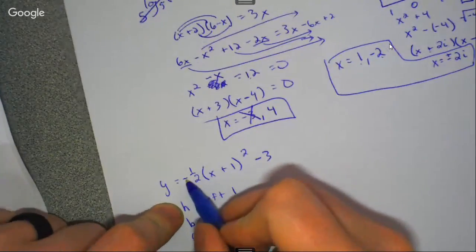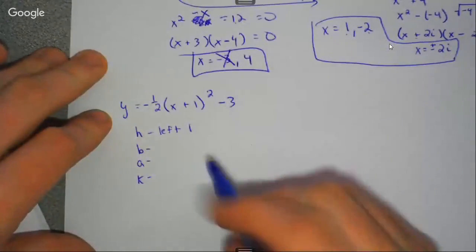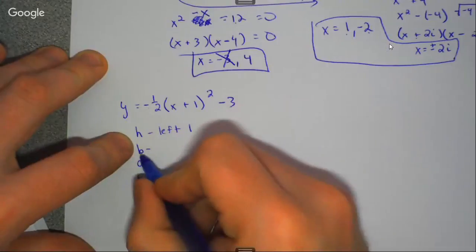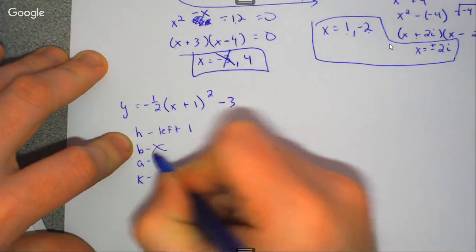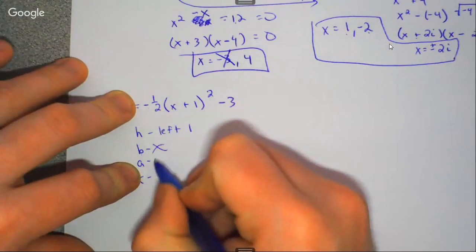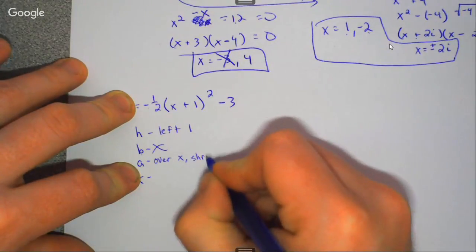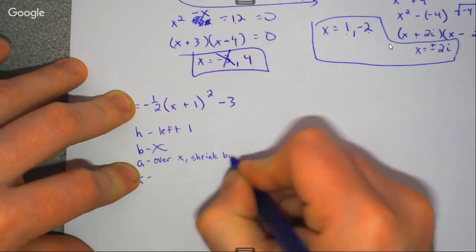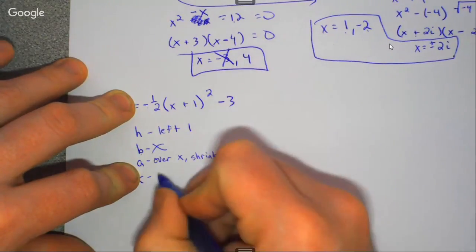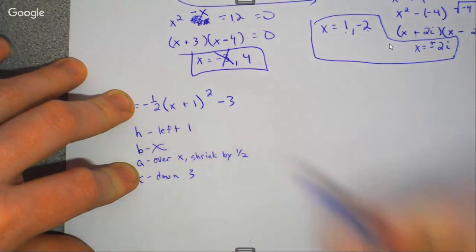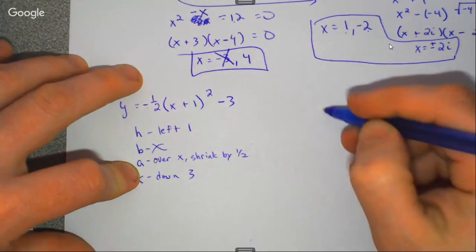This -1/2 here, the negative will flip it, there is no b, b would be right here. This is a, so it goes over x and shrinks by 1/2, and the 3 goes down 3. Okay, so then we graph out our parent function.